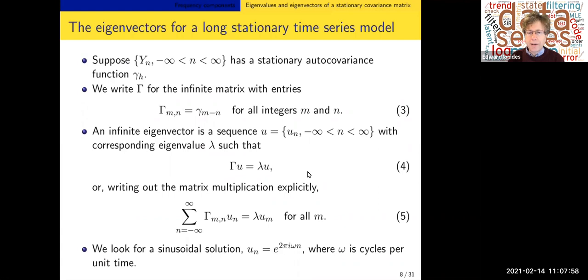Here, omega is in cycles per unit time. We have another option here. We could write un is e to the i nu n, this saves a factor of 2 pi.